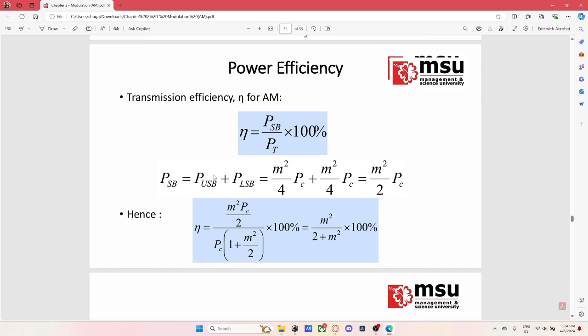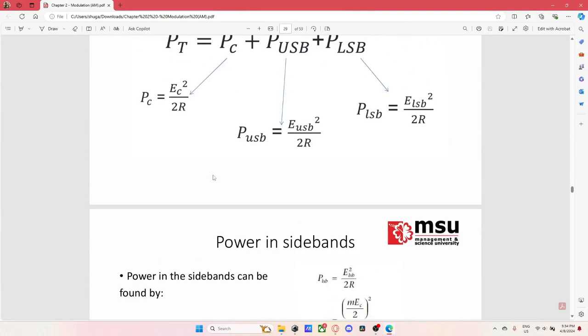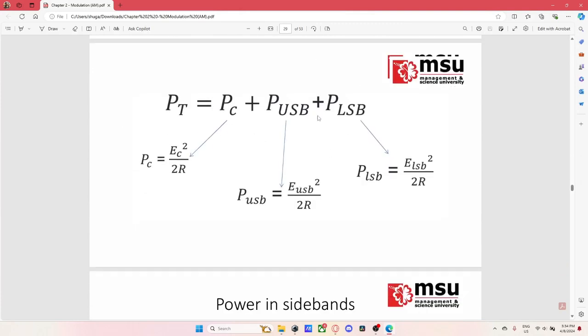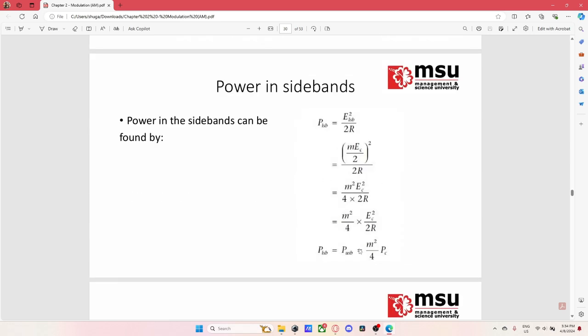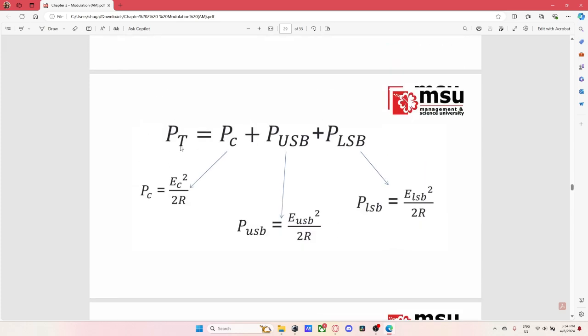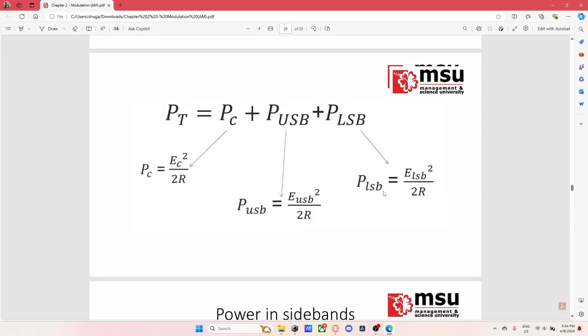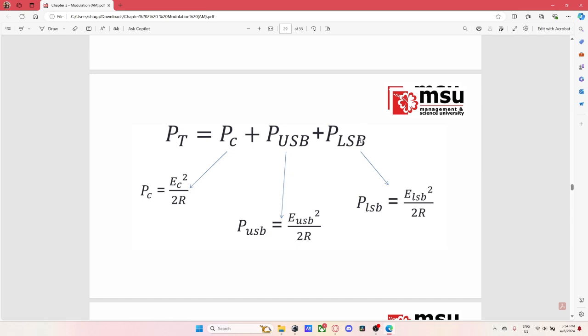So from the above, if EC and R are given, you can find PC, and with PC you can find power sideband with this equation. Then that is your PT when you add all of those together. For power sideband, you just add PUSB and PLSB together in the same question. So it should be easy: PUSB plus PLSB over PT.